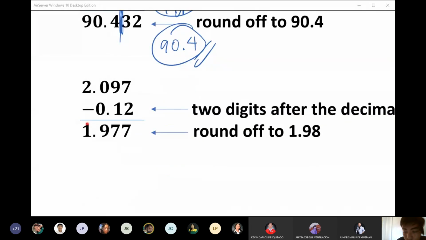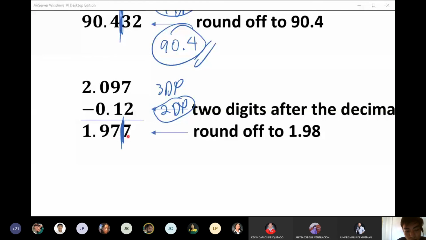Okay. So for subtraction, it's the same, we have 1, 2, 3 decimal places here and 2 decimal places here. So we follow the 2 decimal places. So we subtract it as is and we end at the second decimal place.